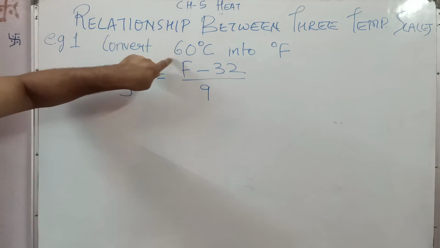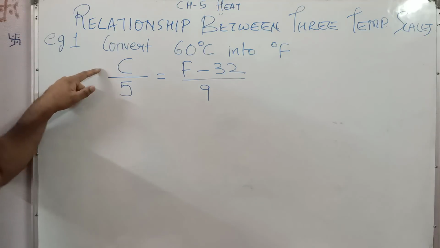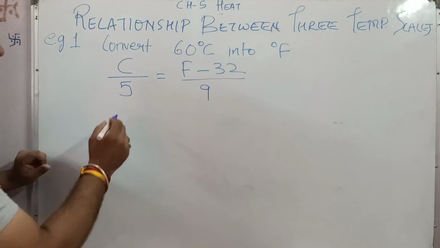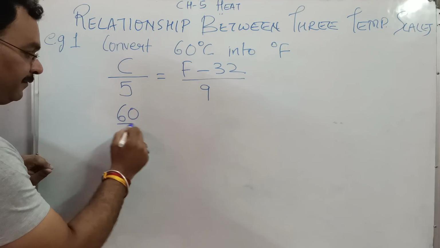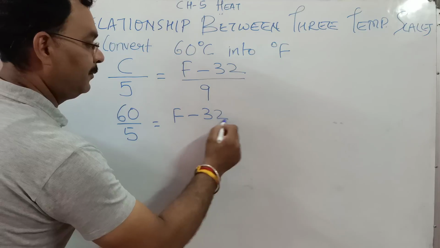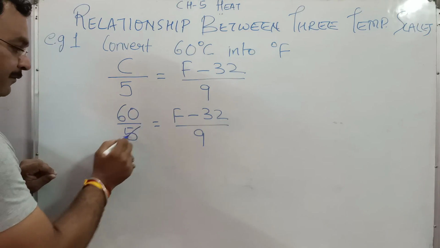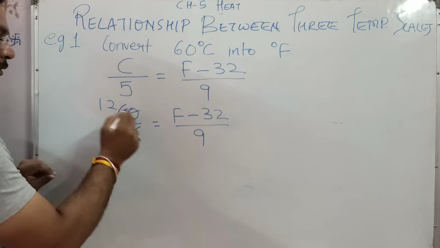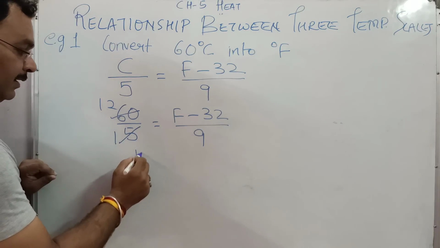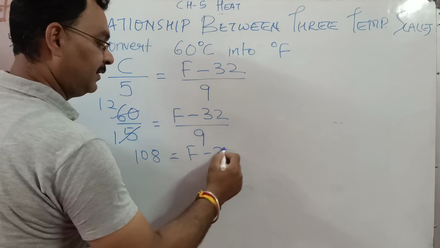Now what is given to us? 60 degrees centigrade. That means the value of C is given. On substituting the value of C over here, 60 by 5 is equal to F minus 32 by 9. We can easily simplify: 12 into 9, 108 is equal to F minus 32.